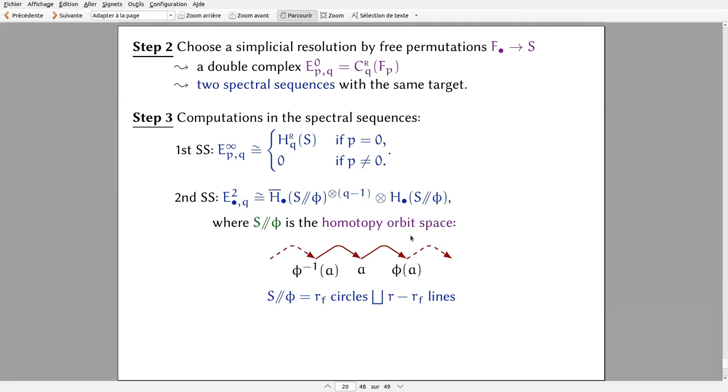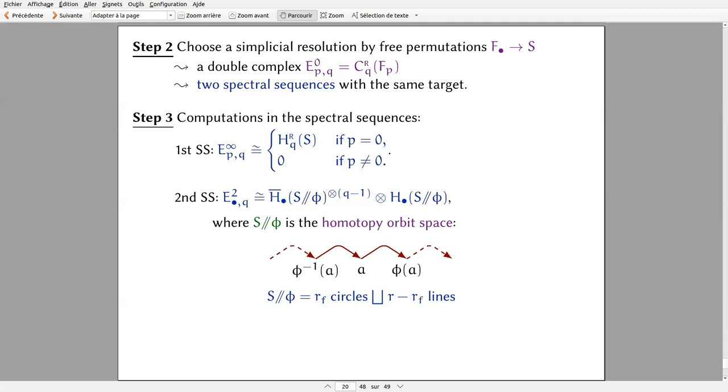Using our computations and particularly expressing them in a more functorial way, since I gave you just the Betti numbers but you can express it in a more combinatorial way, you'll see that on the second page you'll have an expression which depends on the homology and on the reduced homology of one topological space. This topological space is what is called the homotopy orbit space. And this is the space I talked about in the very beginning.